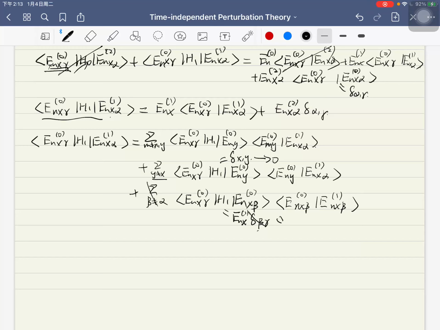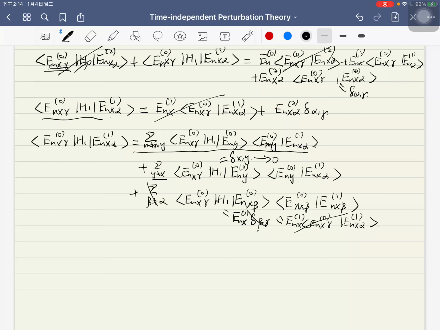So this term equals E n x 1 E n x gamma 0 and x alpha 1. And these terms will vanish. So only these terms remain.